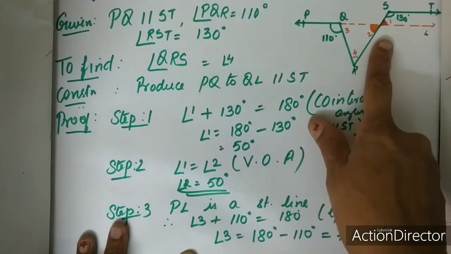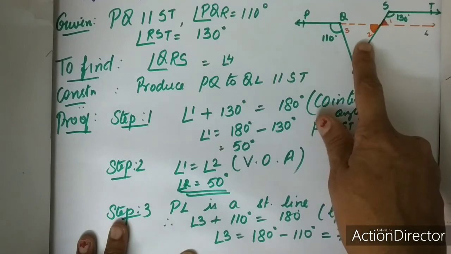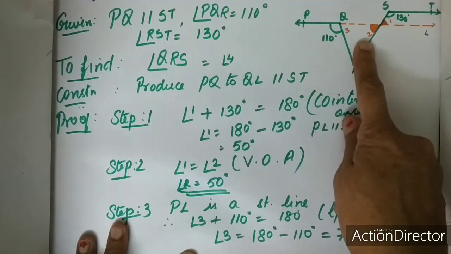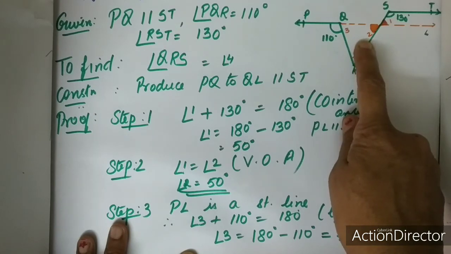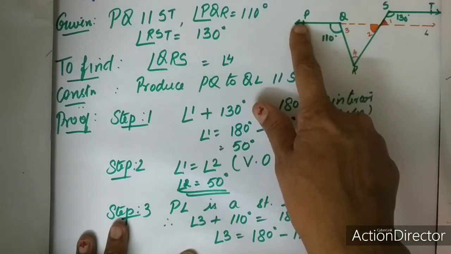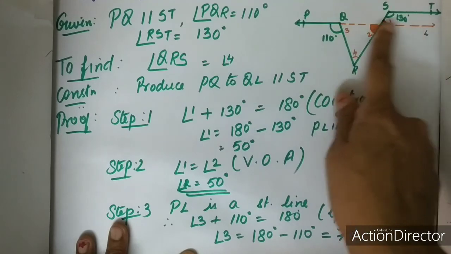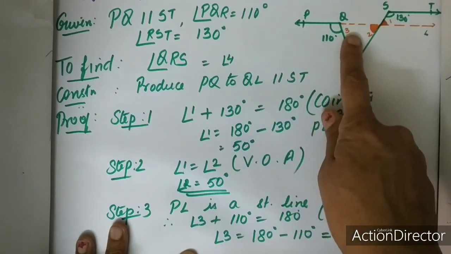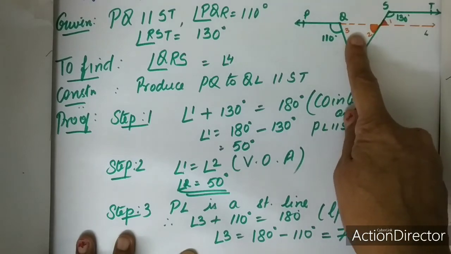Now looking at over here, angle 1 and 2 will be vertically opposite angles. So angle 2 will also be equal to 50 degree. Reason you write vertically opposite angles. Now step 3, if you are going to observe over here, PL is a line, so 110 degree plus this angle 3 will be a linear pair.